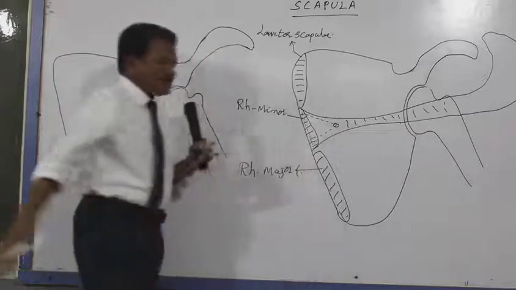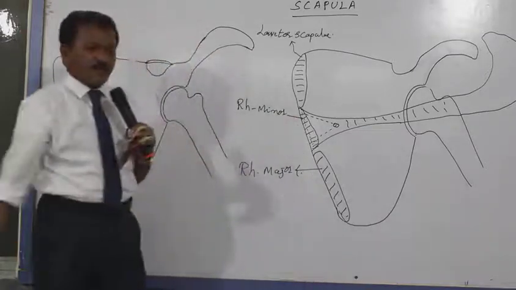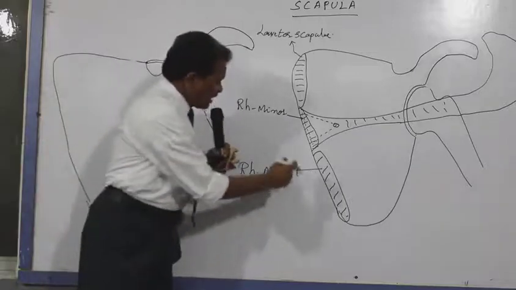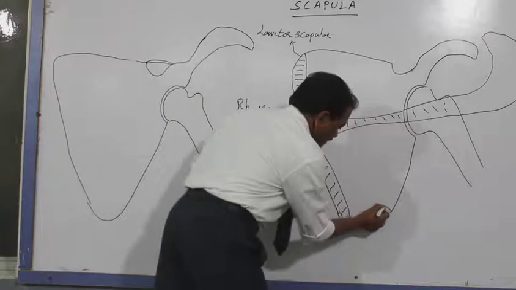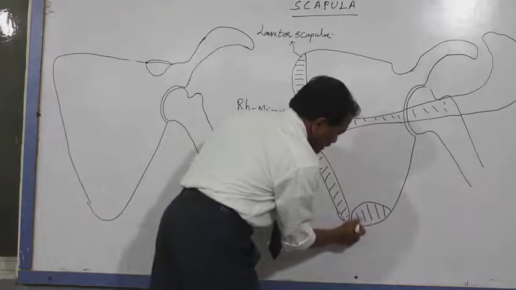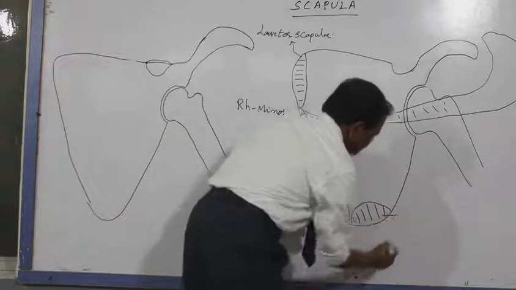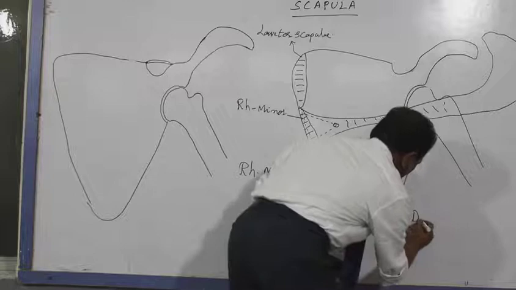Rhomboideus major muscle: below the insertion of the rhomboideus minor there is an insertion of the rhomboideus major, and at the inferior angle, dorsal surface of the scapula, there is an insertion of the latissimus dorsi muscle.